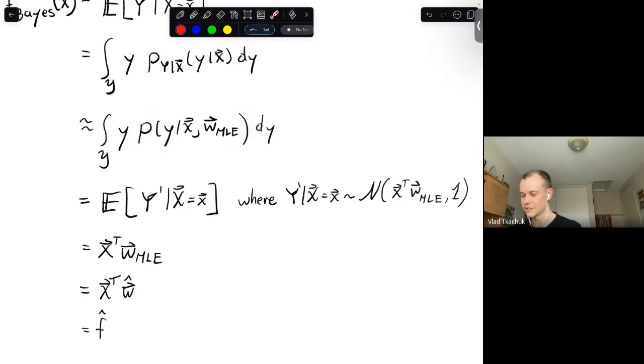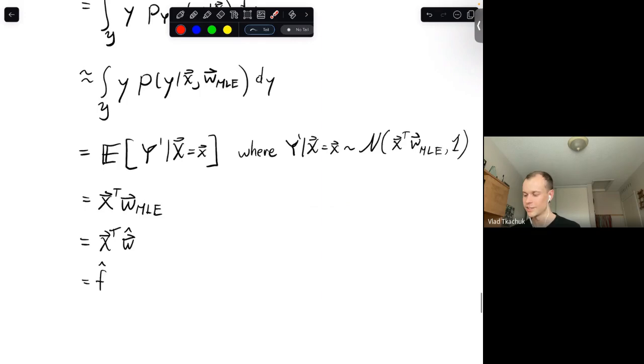And then I notice that this is exactly the definition of a conditional expected value. So I write the conditional expected value, and I say that if this y prime conditioned on x had this distribution, then this conditional expectation would be equal to this. That's by the definition.